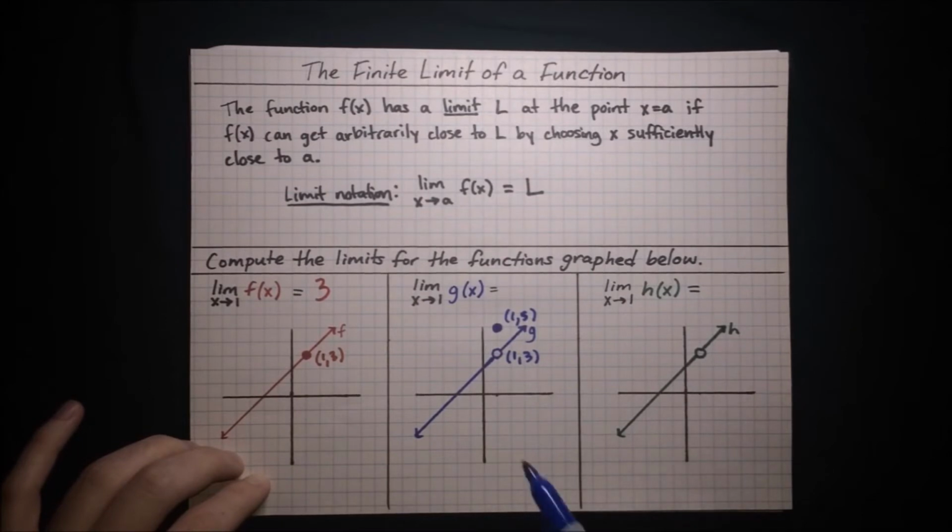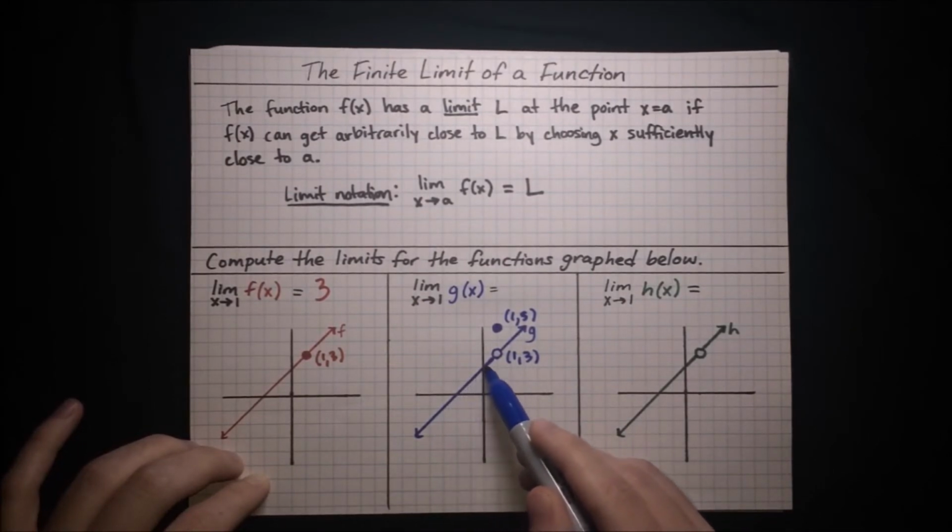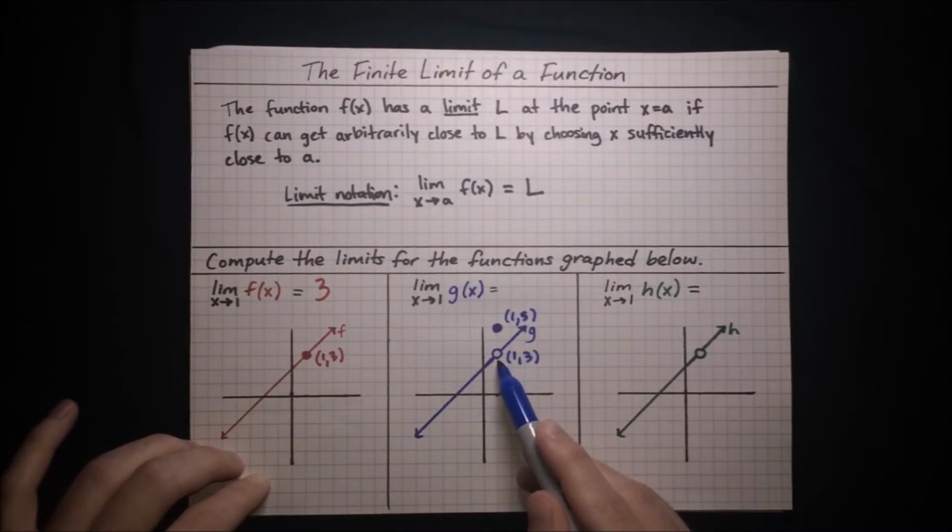Well, let's see. As x gets closer and closer to 1, what happens to the function? It looks like it's approaching this point right over here, (1, 3). Now the function doesn't actually attain that point (1, 3), it jumps to (1, 5), but in limits we don't care what the function actually does at a point. We only care what the function attains near that particular x value, in the neighborhood of that x value.